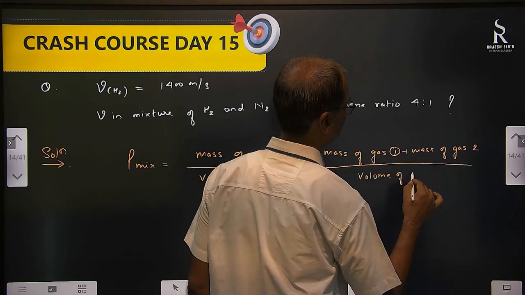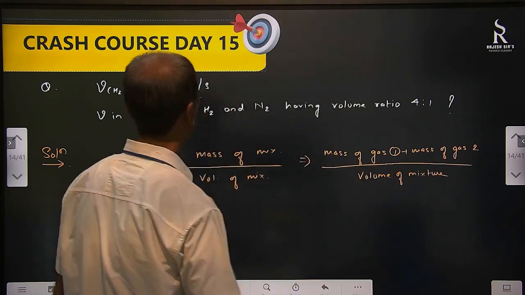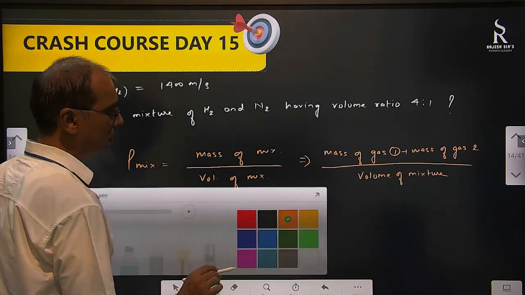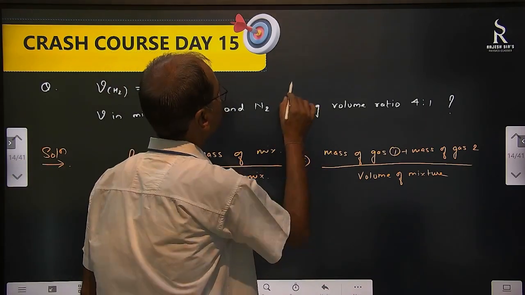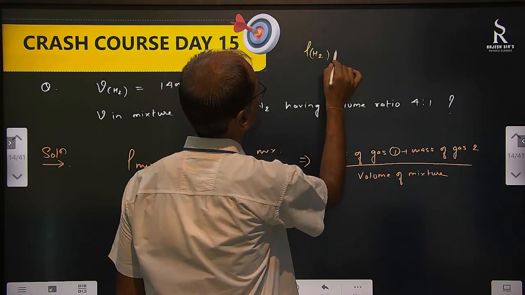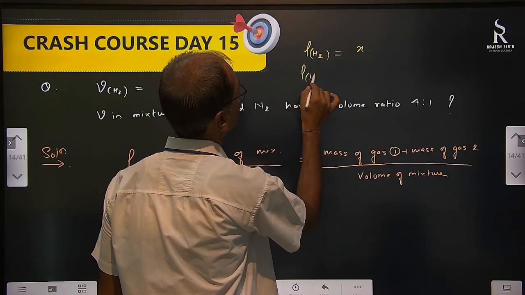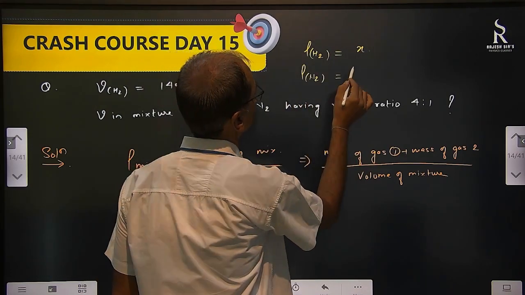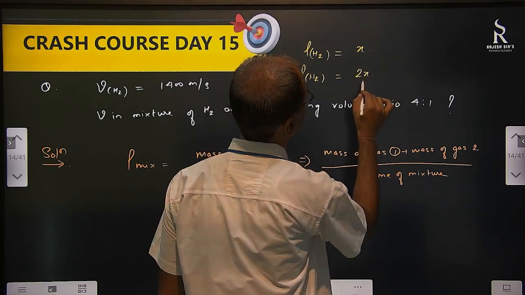volume of mixture. Now in this one, some more information is required. What is that? Densities are required that I am not given in this. The density of hydrogen, something is required. Suppose it is x, and density of nitrogen, maybe it is 2x or 3x, something like that.